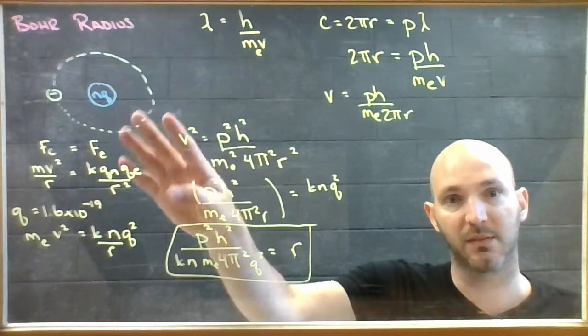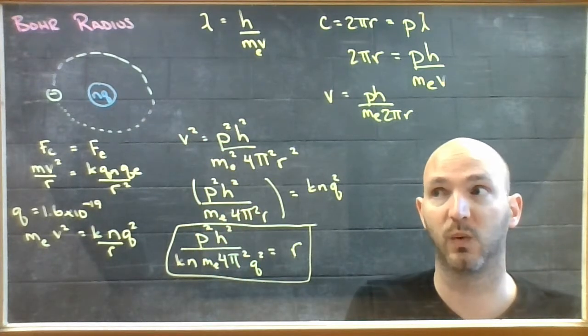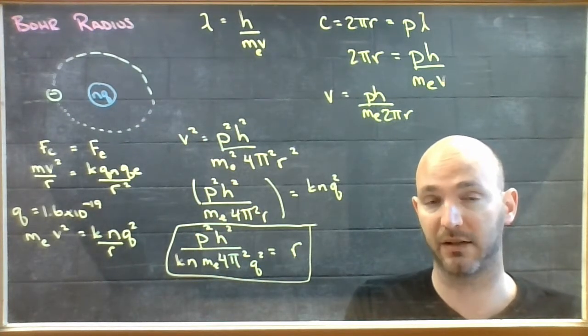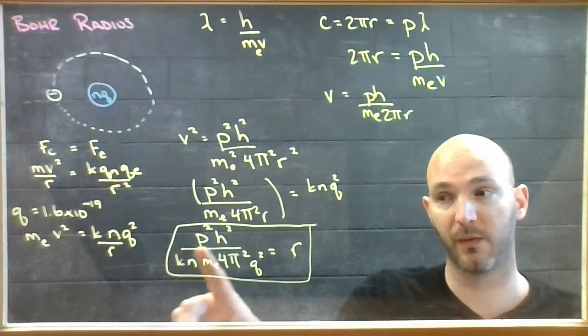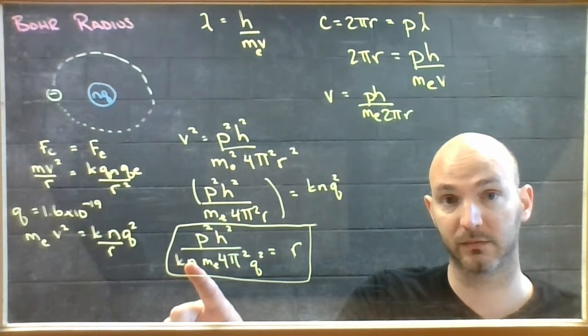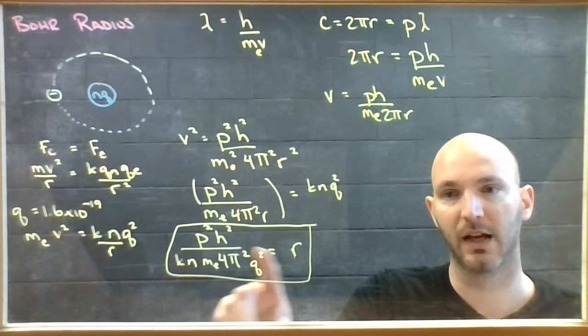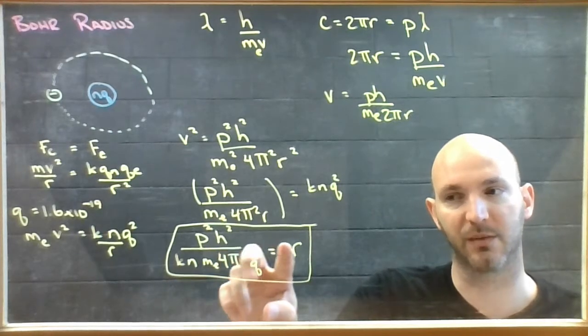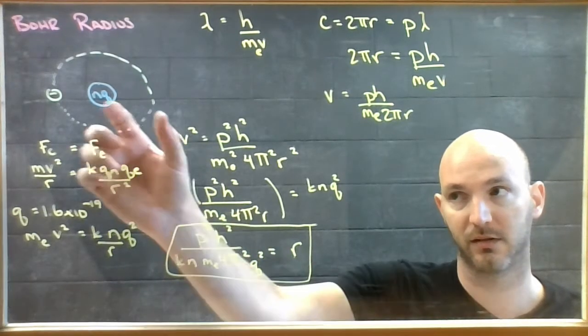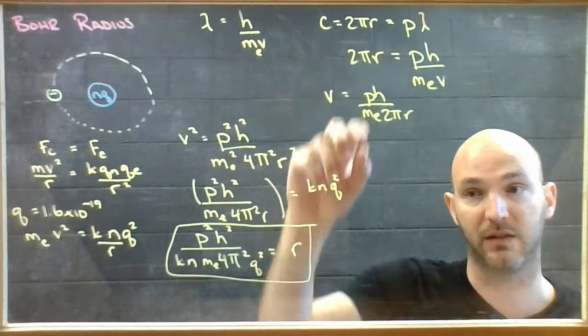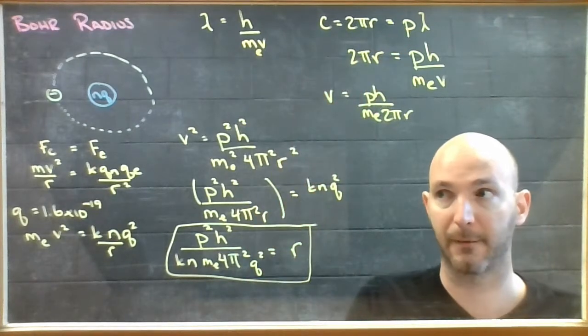So if I wanted to make this question about lithium, which is the third atom in the periodic table, this would be a 3. And I'd have a relationship between r, the radius, and p, the number of wavelengths.